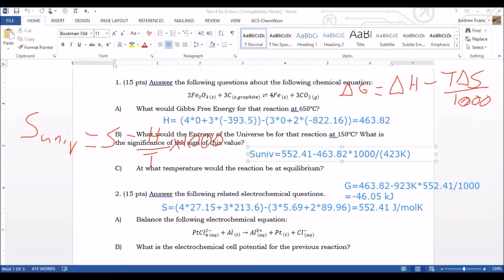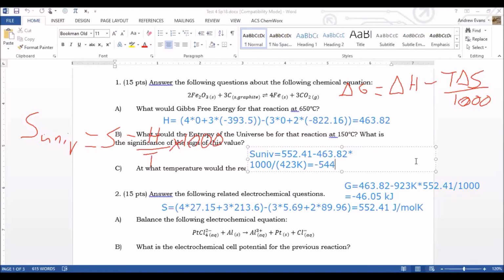So solving that: 552.41 minus 463.82 times 1,000 divided by 423. So those are your delta H and delta S values for S and H? Yep. There's our delta S, there's our delta H, the one we found in part 1. They're still the same. We're just finding this at a different temperature. So I get our entropy of the universe is negative 544.